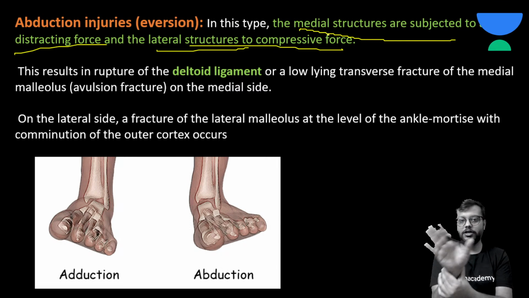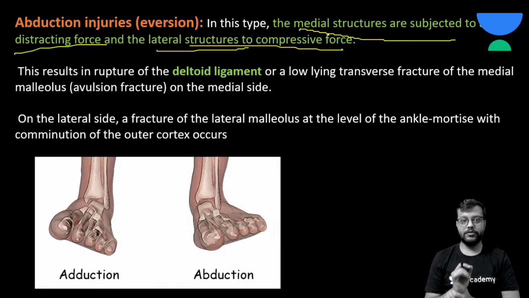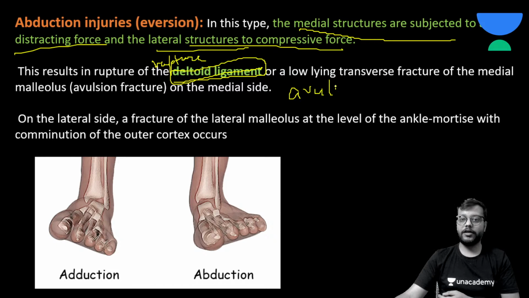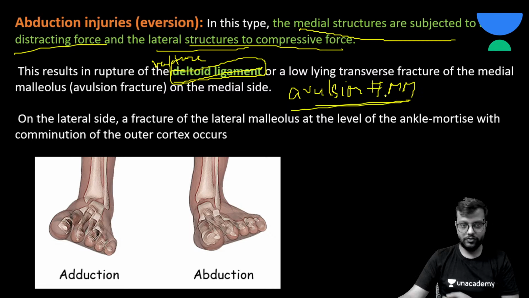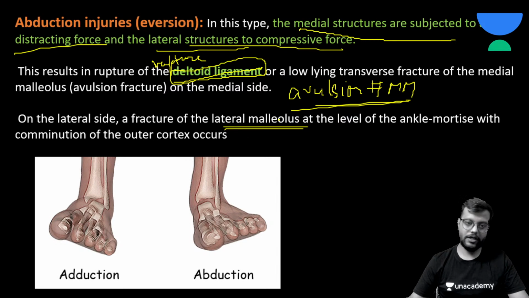So distraction here, compression here. Okay, and medially there is the deltoid ligament, so there will be injury and rupture of the medial collateral ligament and deltoid ligament. And with this there can be avulsion fracture of the medial malleolus or talus also. Okay, and on the lateral side, a fracture of the lateral malleolus can also happen.